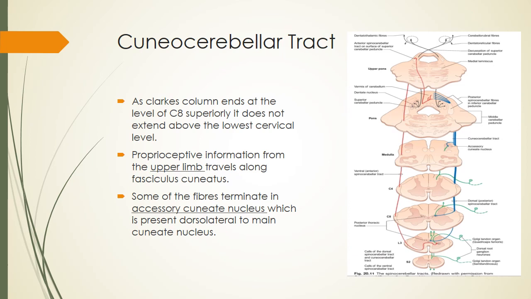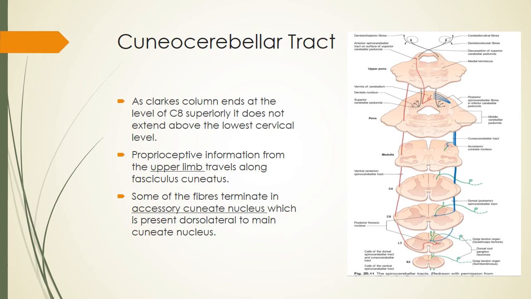So the proprioceptive information from the upper limb travels along the fasciculus cuneatus. We will study the fasciculus cuneatus in the posterior column tracts. Then some of the fibers which carry proprioception from the upper limb will terminate in the accessory cuneate nucleus.